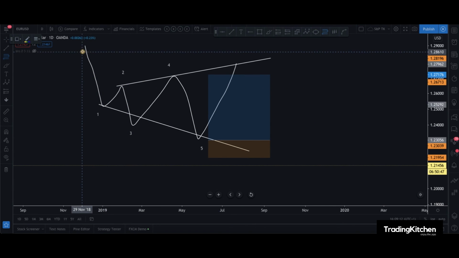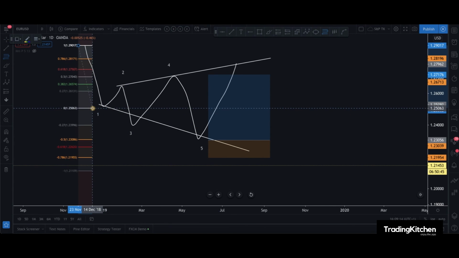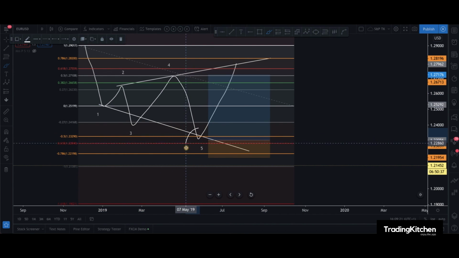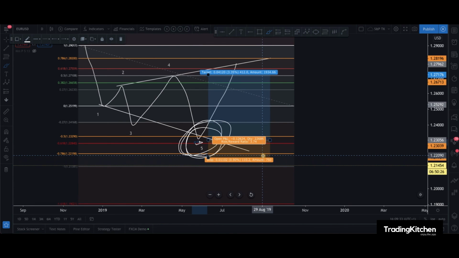Fibonacci is a useful tool that we can use. Okay, remember that this zone from 0.5 to 78 is always good. Okay, the best level is 61, but we will talk about it later in the next videos.